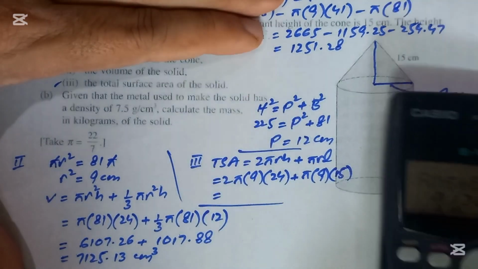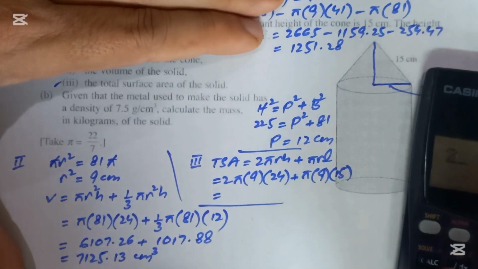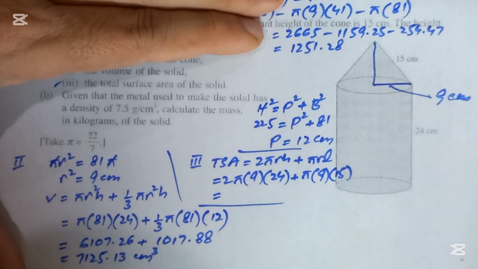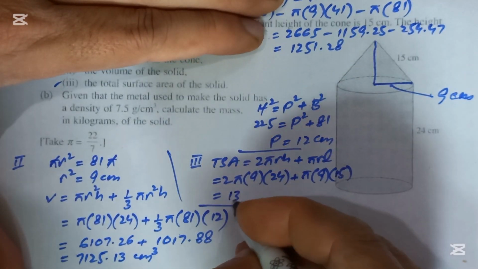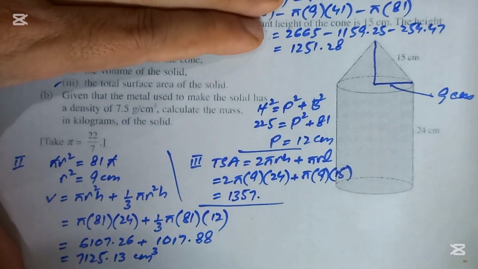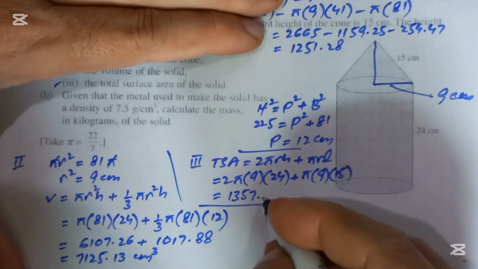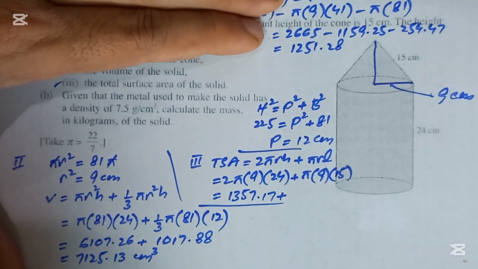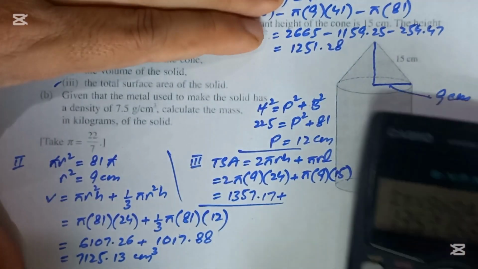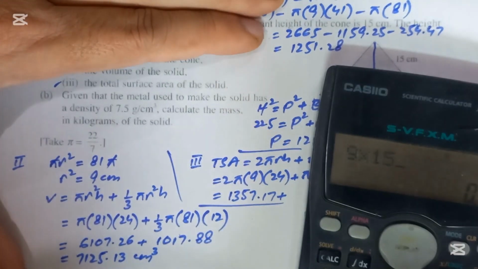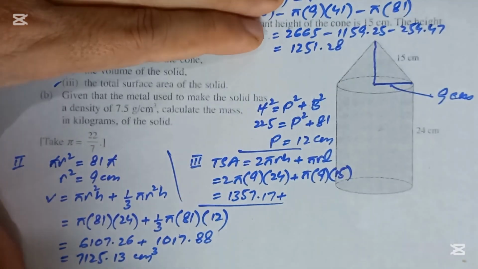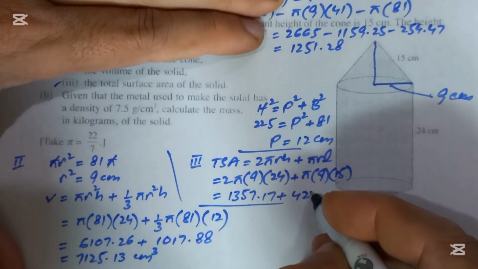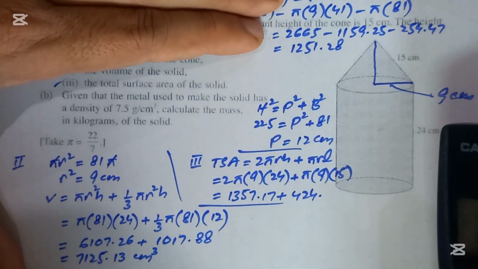Solve it on the calculator. 2 pi multiplied by 9 multiplied by 24 equal to 1357.17, plus 9 into 15 into pi, that is 424.12.